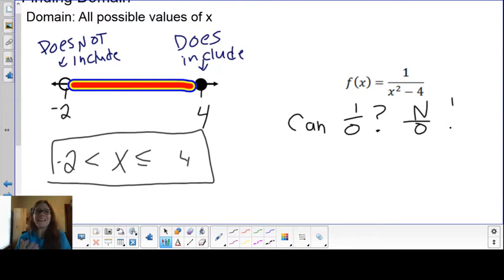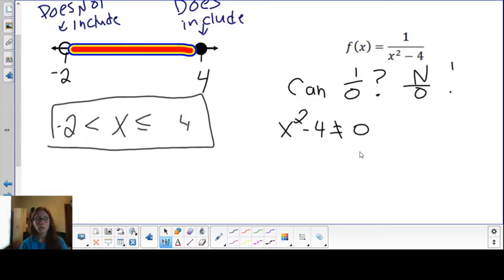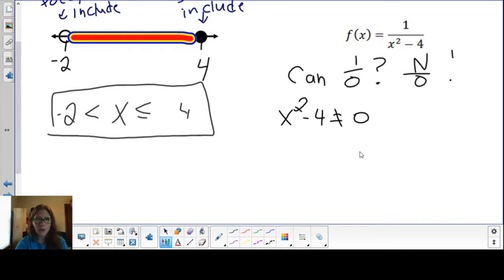Because it makes it undefined, I cannot have those values of x which would make that 0. So I don't really care about what the top is telling me because the top's just 1. 1's always going to be 1. I'm going to focus in this one on when the denominator is going to be equal to 0. And I do not want it equal to 0. So I do not want x to be whatever would be equal to 0. And we saw this example yesterday. We know that we can go ahead and factor it out. And we have x, and we have x, and we have -2 and +2.